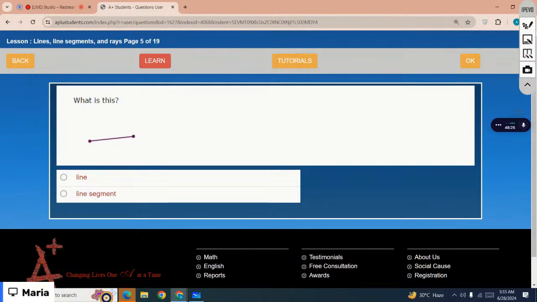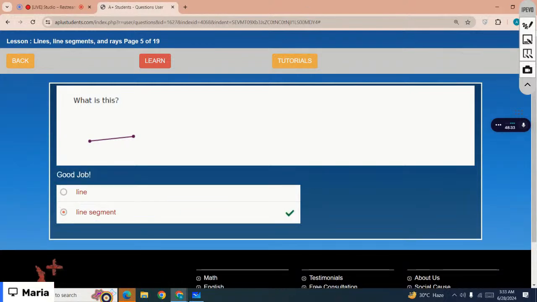What is this, line segment? Yes, line segment it is. The correct option is line segment.